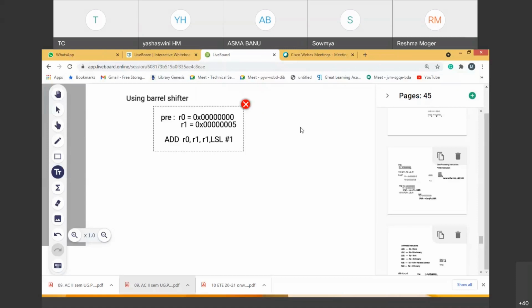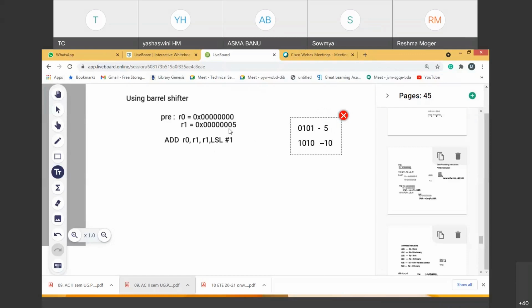So what is the content I have taken? Let's write it in a simple form. 101 is 5. Left shift it by 1 bit, adding on the right side, and it becomes 1010. The value of this is 10, or A, what you call it. Now, after doing this, add with R1.